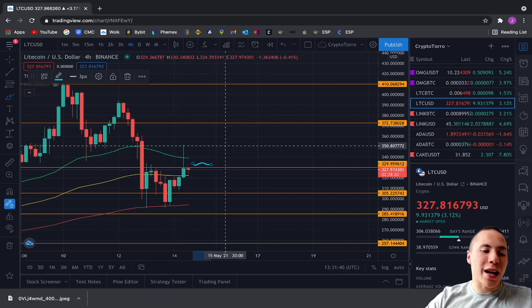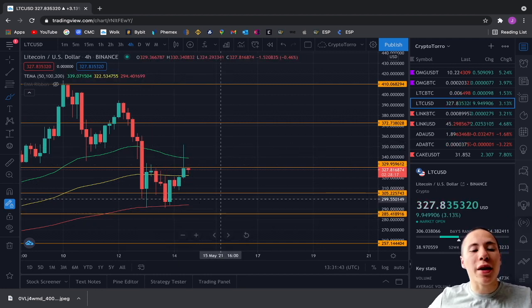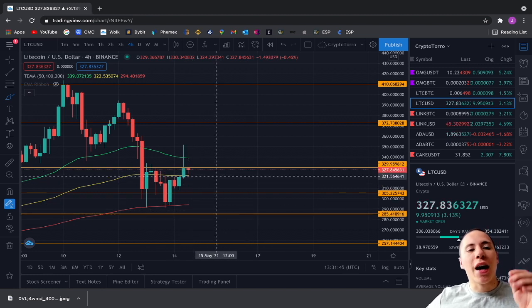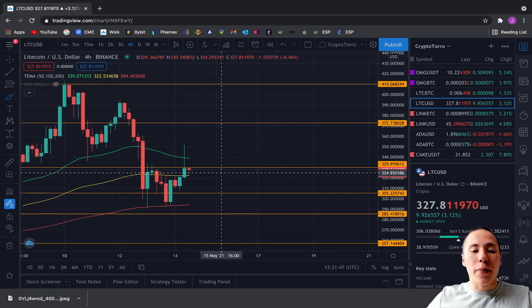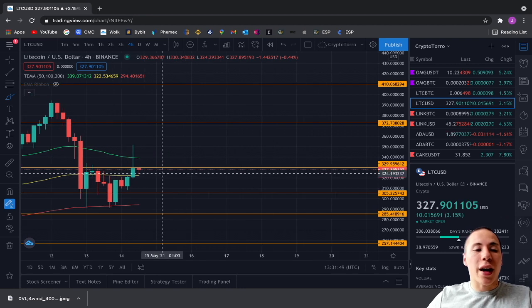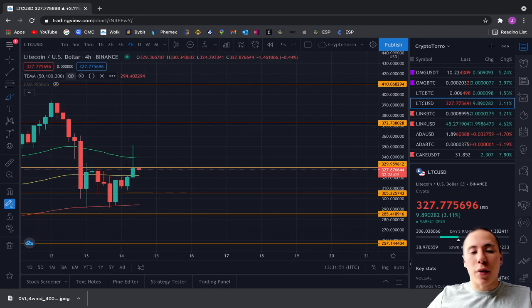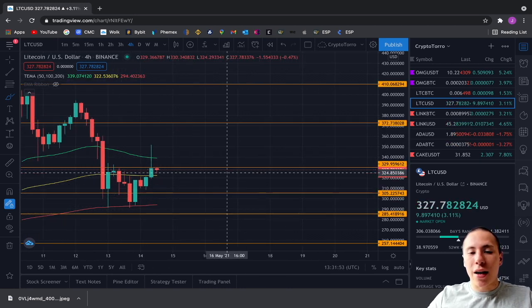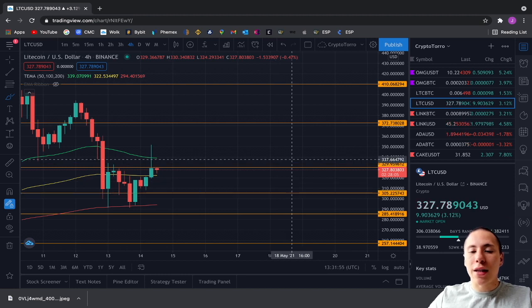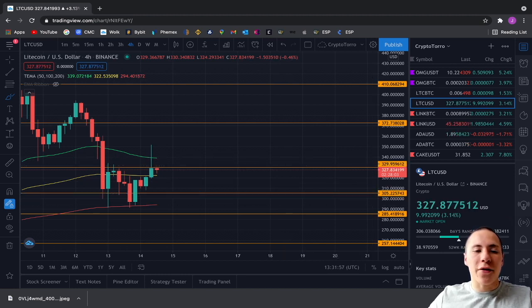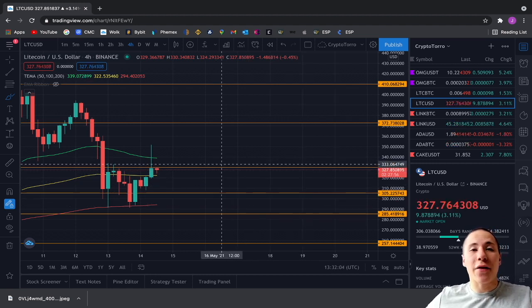And that's a great sign because we still have the 100 and 200-day moving averages underneath us that will be giving support to Litecoin for sure. And as well, these levels of support that you can see on the $305 and on the $285. But I personally do not think that we will be seeing Litecoin head towards the $285.